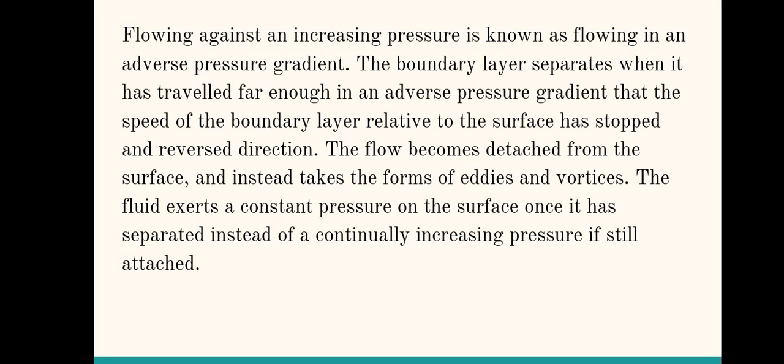The boundary layer separates when it has traveled far enough in an adverse pressure gradient that the speed of the boundary layer relative to the surface has stopped and reversed direction. The flow becomes detached from the surface and instead takes the form of eddies and vortices. The fluid exerts a constant pressure on the surface once it has separated, instead of a continually increasing pressure if still attached.